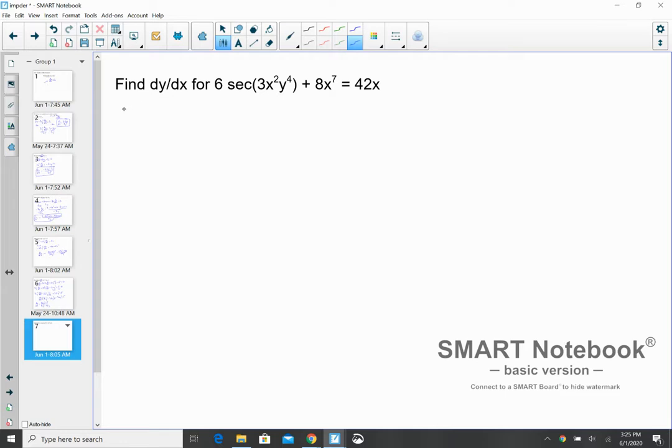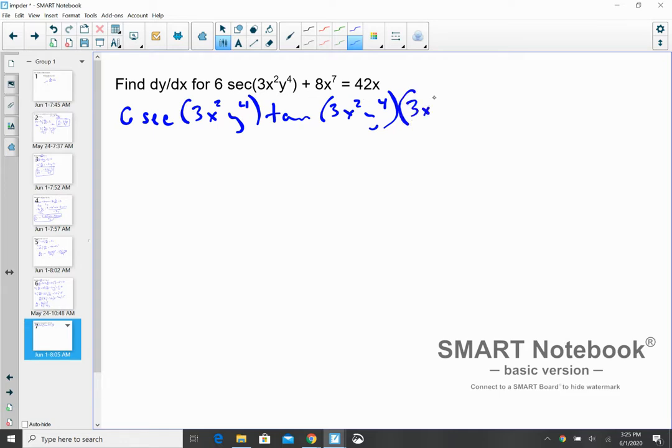So you start off by going 6 secant, and by chain rule, 3x squared y to the fourth, and then tangent, 3x squared y to the fourth. Then we need the derivative of the 3x squared y to the fourth. Now that's a product rule too.